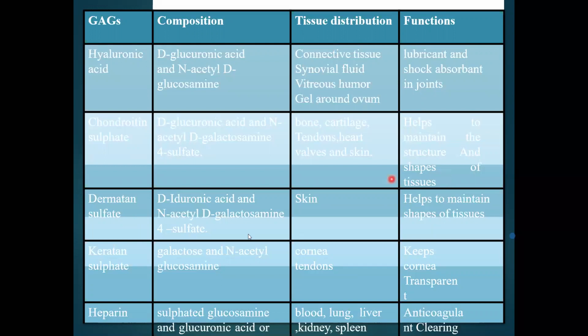Then we have dermatan sulfate, which has D-iduronic acid and N-acetyl D-galactosamine, present in the skin, helps to maintain the shape. We have keratan sulfate, which has galactose and N-acetyl glucosamine, present in the cornea and tendons, and keeps the cornea transparent. We have heparin, which is used as an anticoagulant.